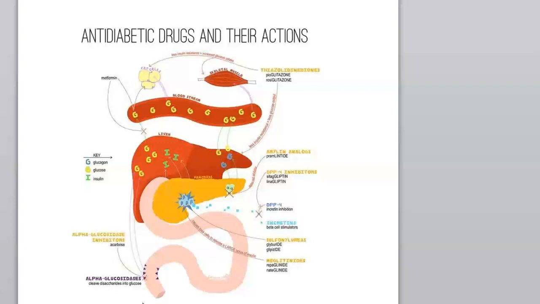And really knowing that so much of what we do in our life does affect our blood sugar.